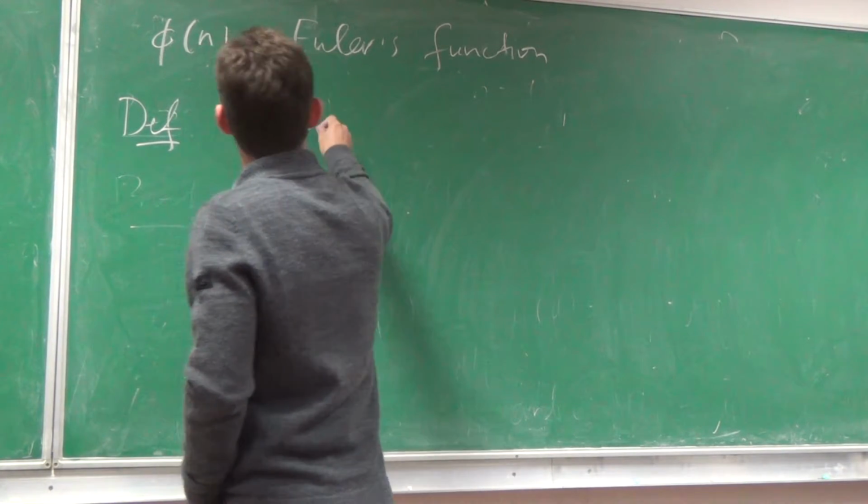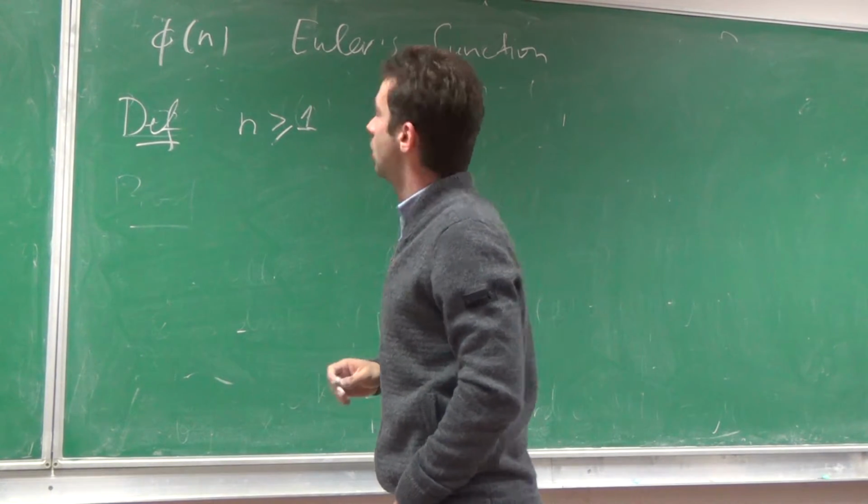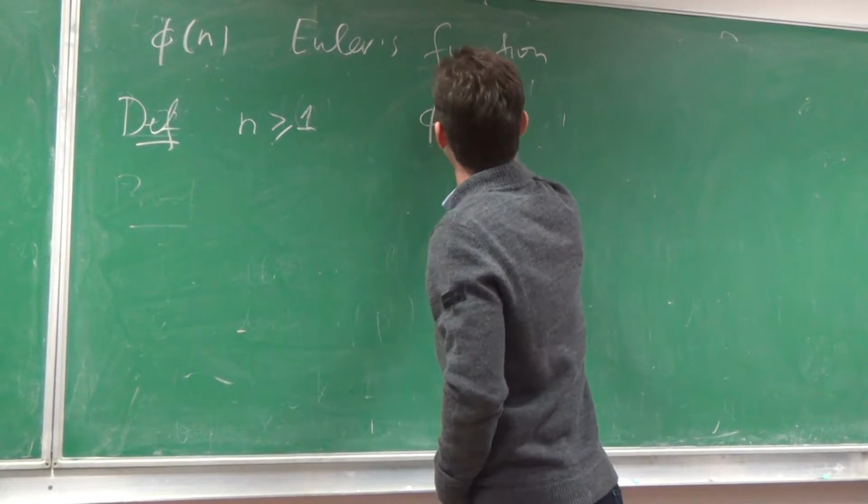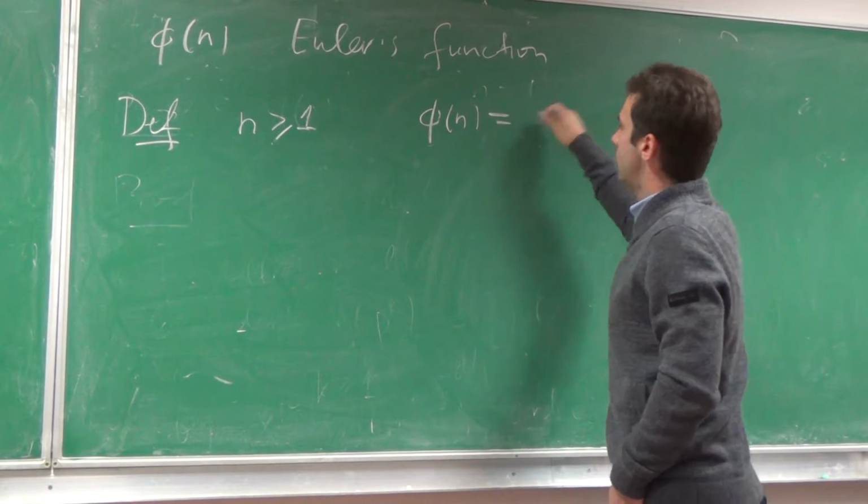So n starts from 1, then phi of n is the following. I'll write something in words.